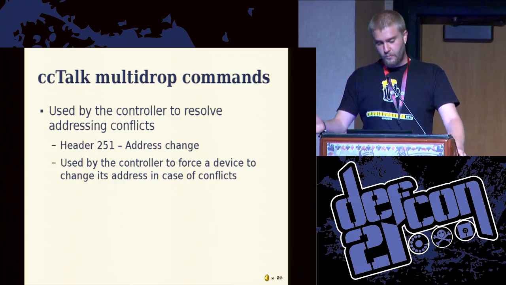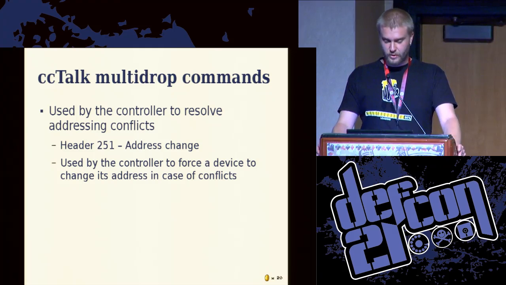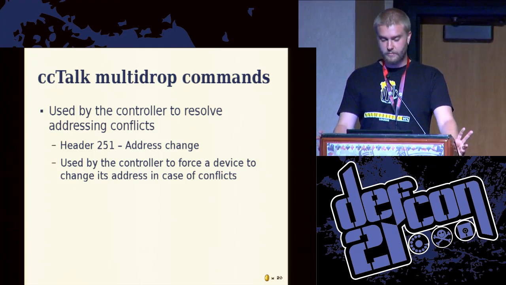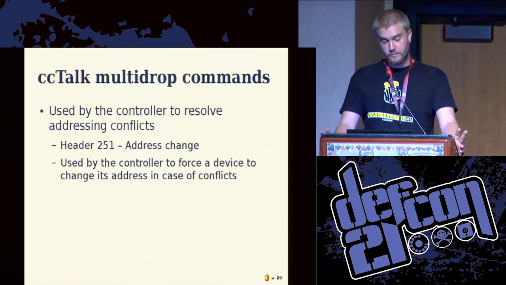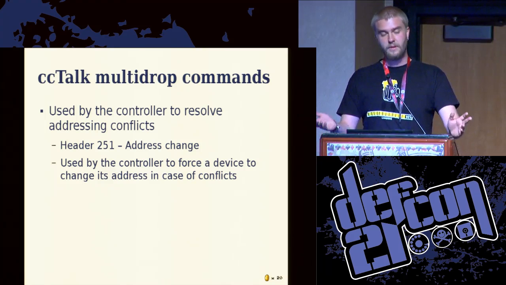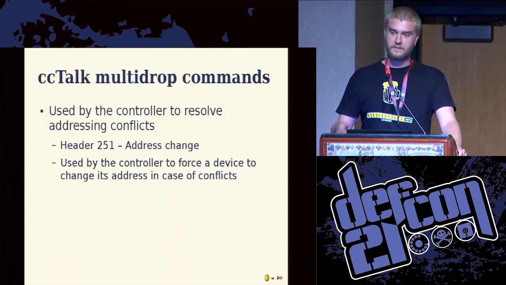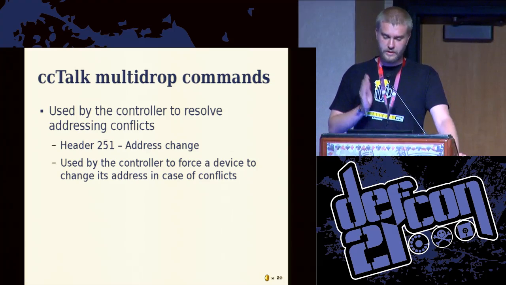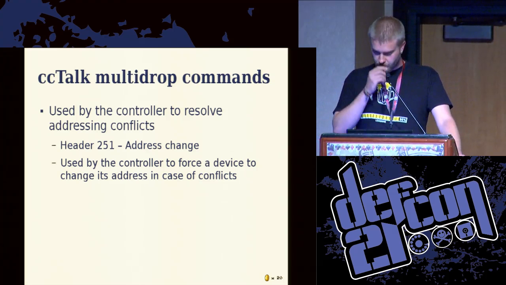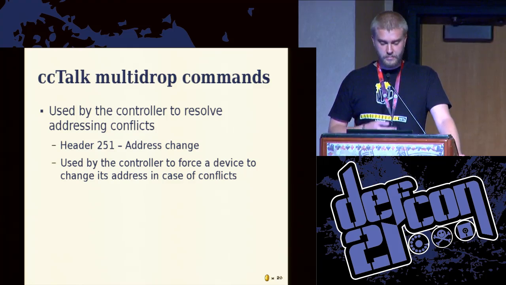Fortunately, somewhere deep in the documentation, we have what are called multi-drop commands, which are normally used by the controller to solve addressing conflicts. Like if you have 2 or 3 coin acceptors, you can set them different addresses. It's simply a command, header 251, address change, and you give as a parameter the new address to the device.